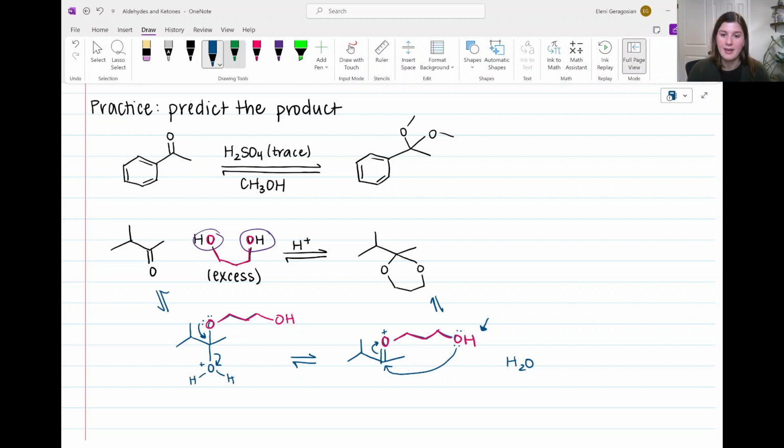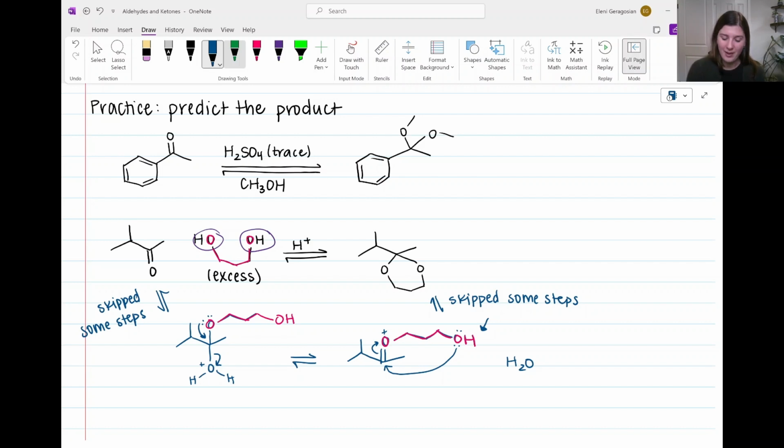And then we get that product with that ring. So I've skipped some steps here. We could certainly write out the entire mechanism, but really what I'm trying to show you here is how we get that ring as that product, by having the alcohol that's getting added be a diol.